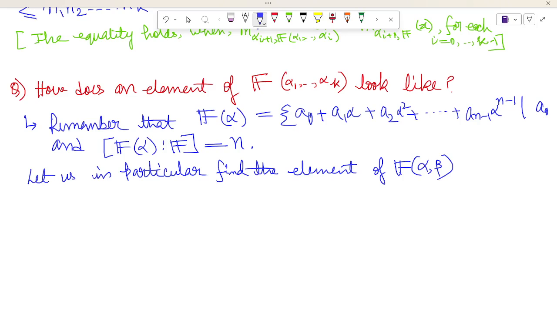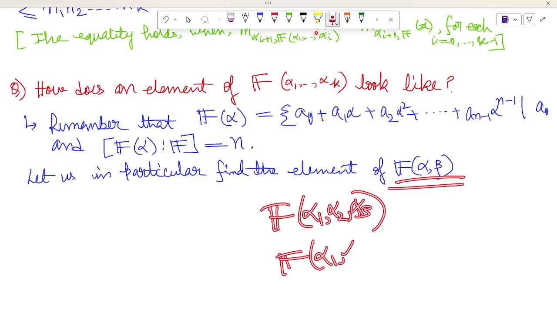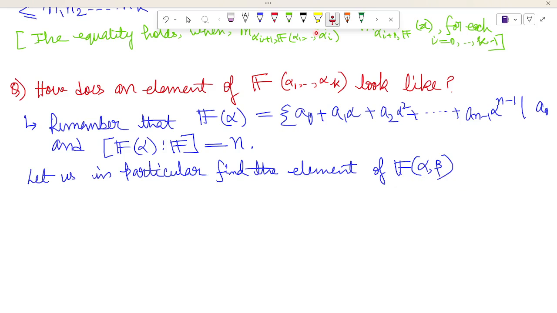So, what is F(alpha 1)? An element of F adjoin alpha 1, alpha 2, alpha 3. So then you can apply this. If anybody asks you what is this, once we do this, we can write it in terms of alpha 3. Okay, so inductively you can do this. Then what is this? Oh, we need information about beta for this thing. We need information about beta. Okay.